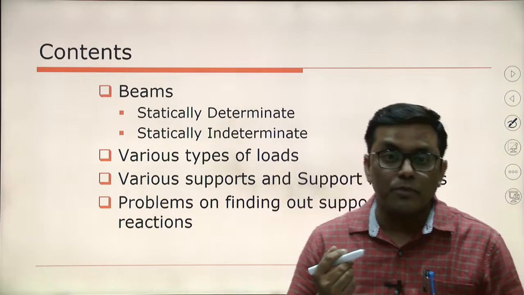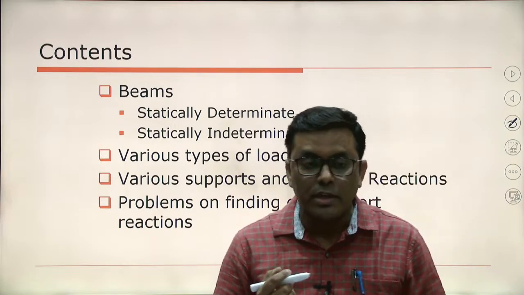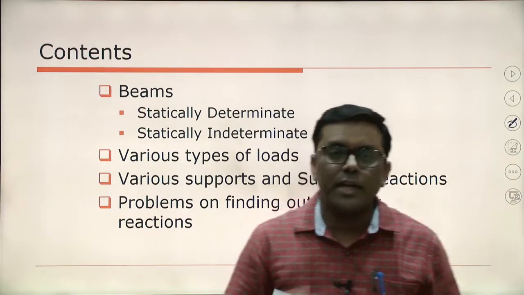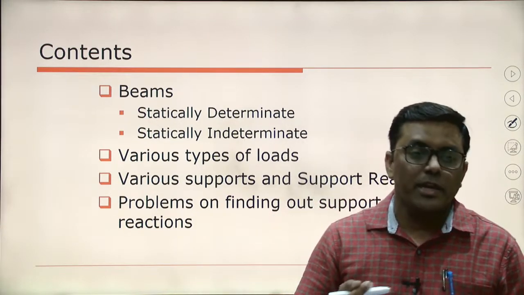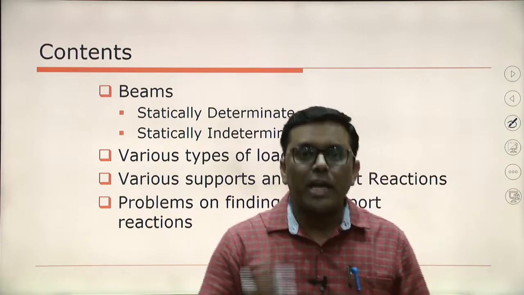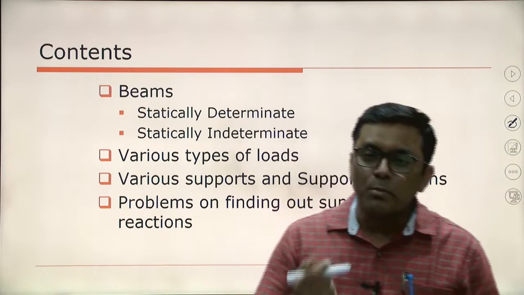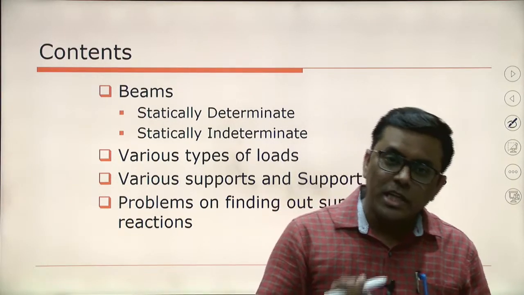Now the question comes, why is the shearing action there, why is the bending action there? Definitely there must be certain causes behind this. There are certain external causes behind this. These external causes are different types of loads and the support reactions which are developed against the load.